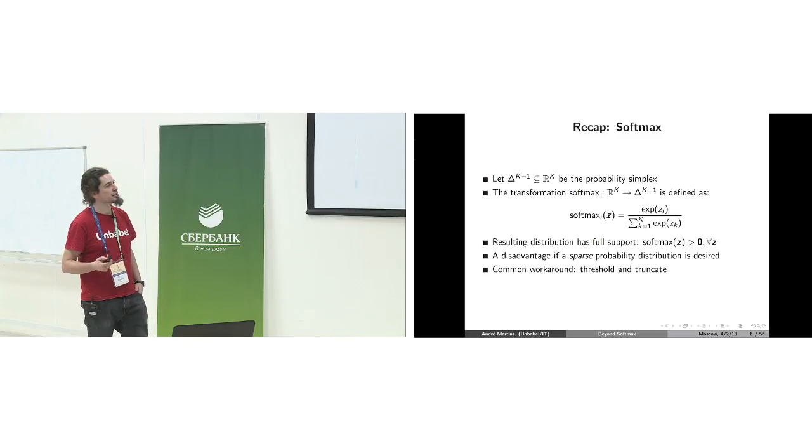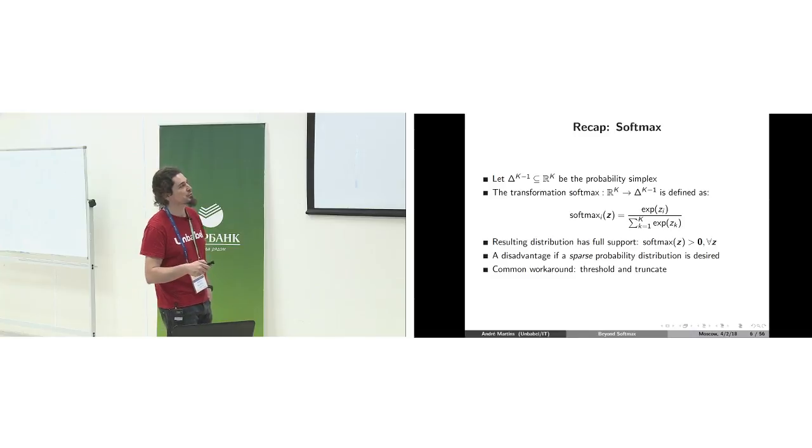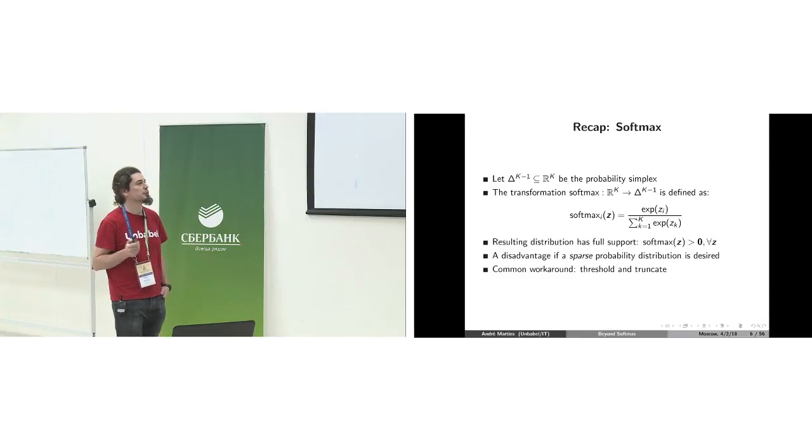One consequence of this definition is that this probability distribution is going to have full support, meaning that for every coordinate we are going to have a non-zero probability. This is because the exponential transformation is strictly positive, so we never get zeros anywhere, which is fine for many applications.